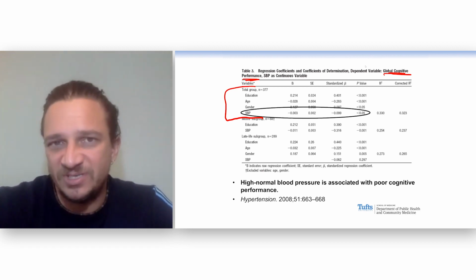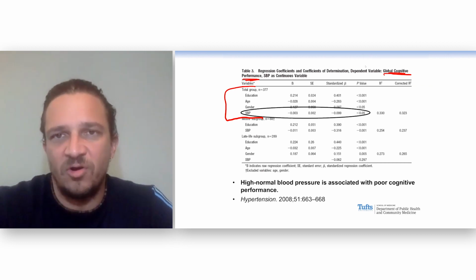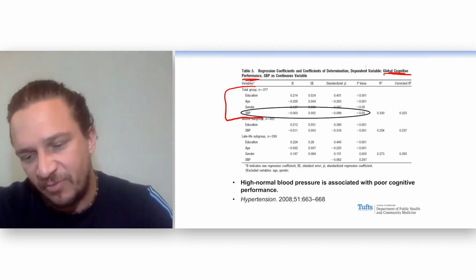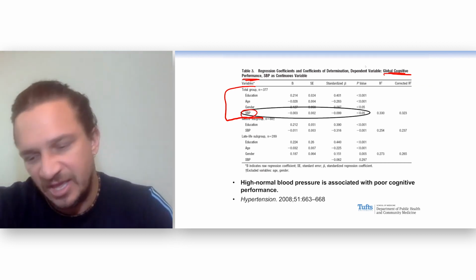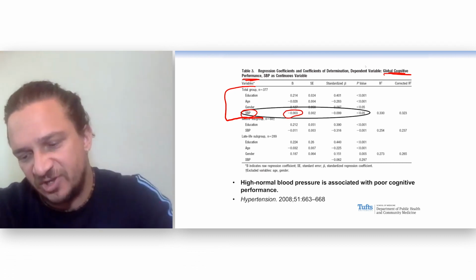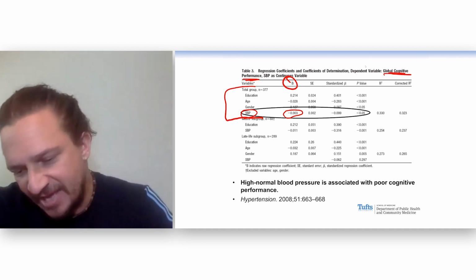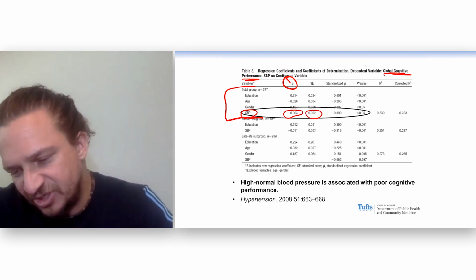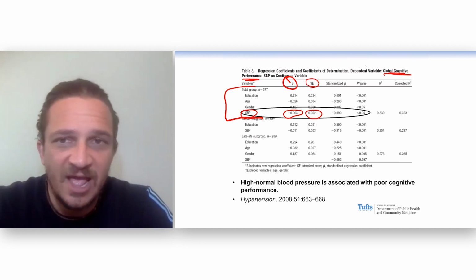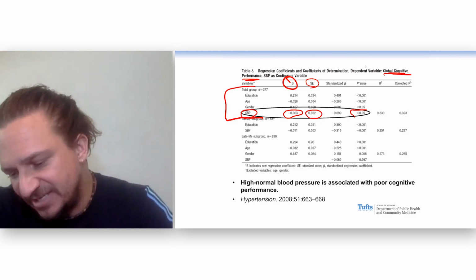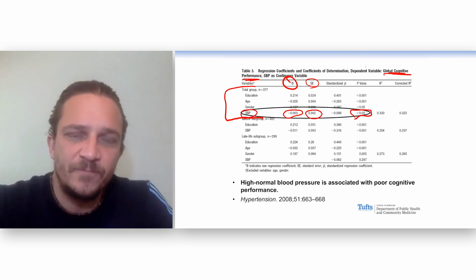It's almost like they pulled this table right out of Stata or another statistical program. Here's blood pressure. Here's our slope, which is also known as the beta or the coefficient. That slope has a standard error associated with it, and that can be turned through a t-statistic into a p-value.